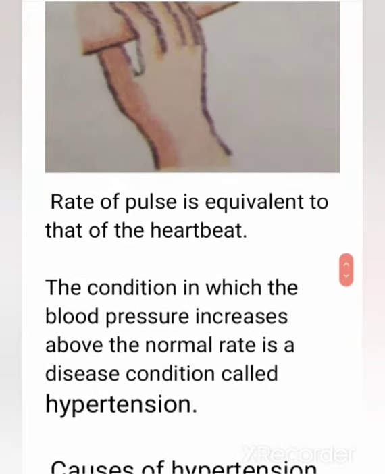The condition in which blood pressure increases above the normal rate is a disease condition called hypertension.